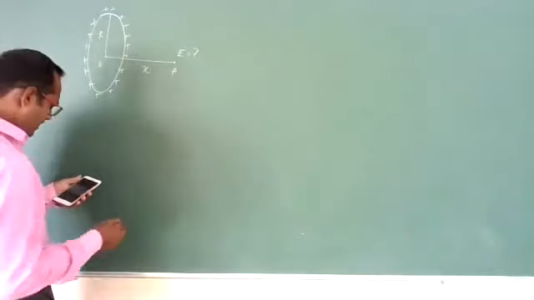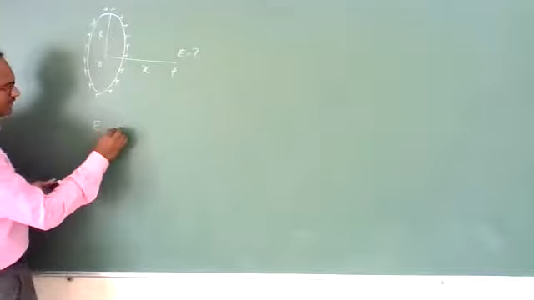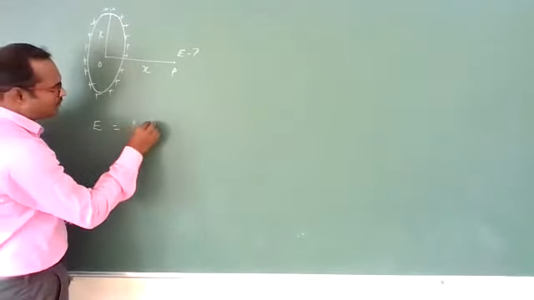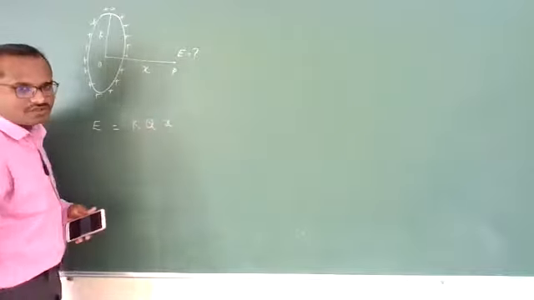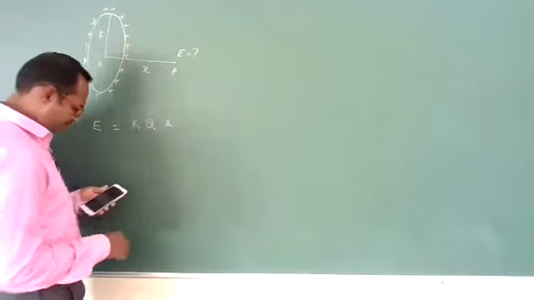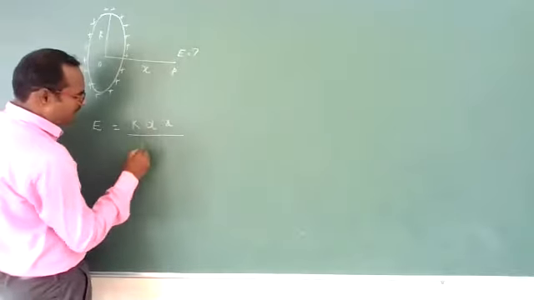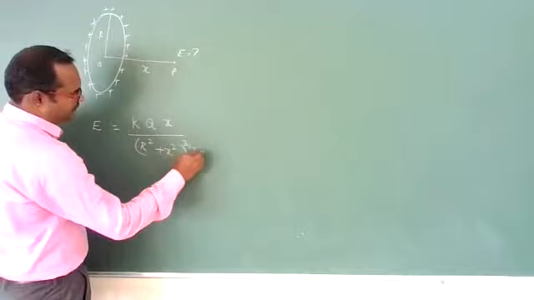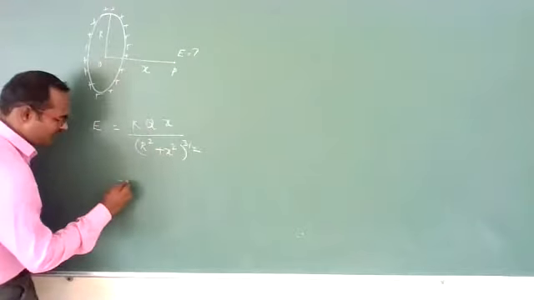this equation up to here. So the net electric field is equal to KQx divided by (R square plus x square) whole power 3 by 2. This was derived in the last class. What is K here? 1 by 4 pi epsilon naught.